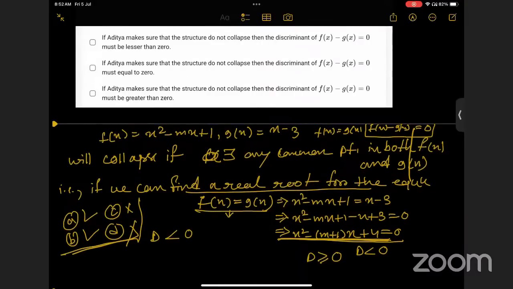If it has any real root, then the structure will collapse. So if the structure does not collapse, it doesn't have any real root. For a quadratic equation with no real root, the discriminant must be strictly less than 0, right?